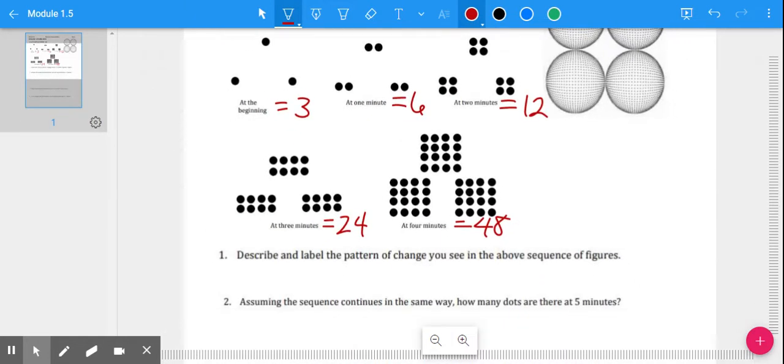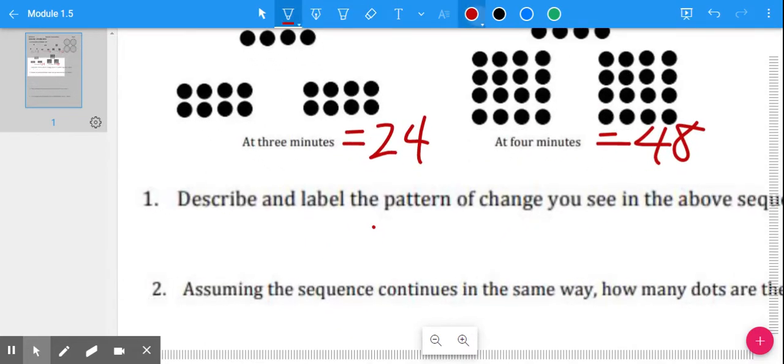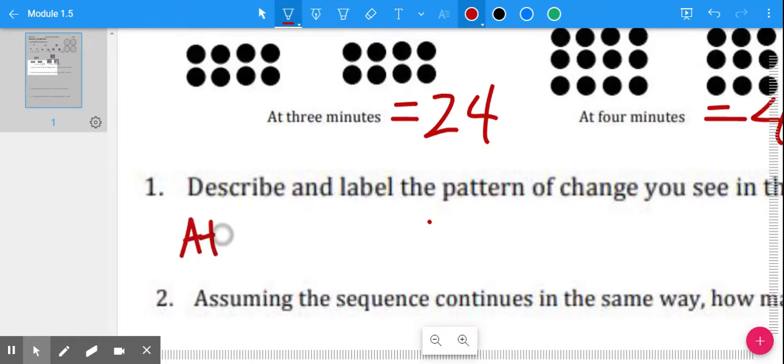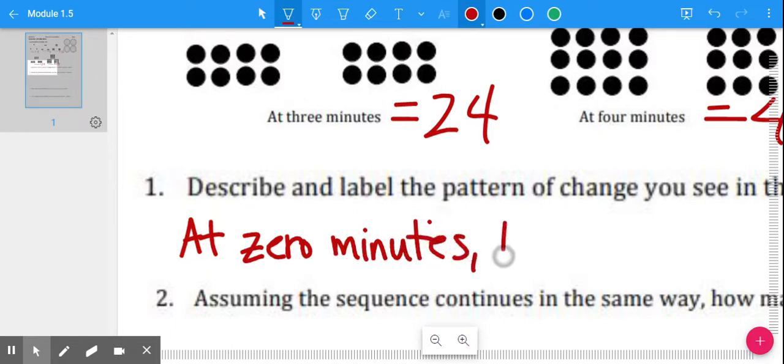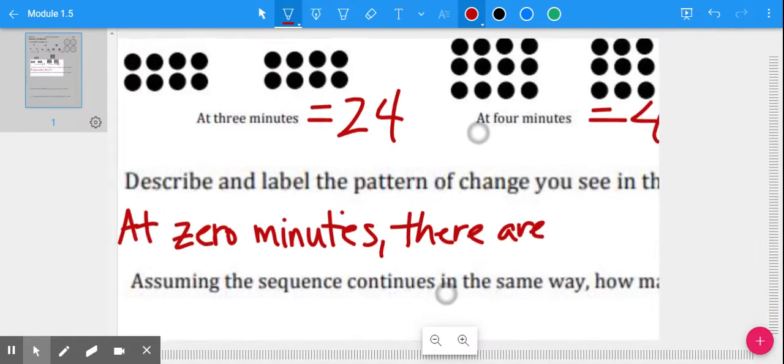So at the beginning, at 0 minutes, I'm going to zoom in so it's not so sloppy. So at 0 minutes, there are 3 dots.